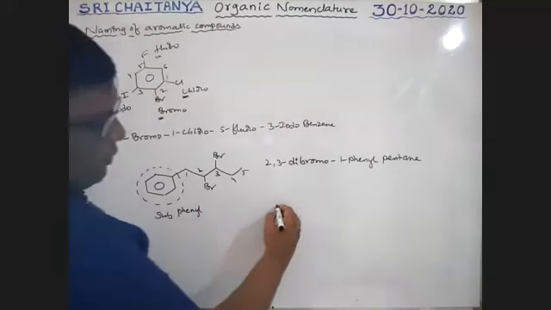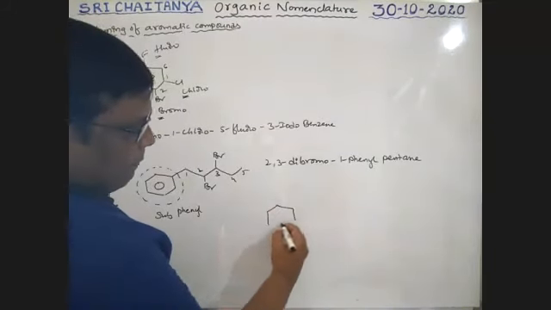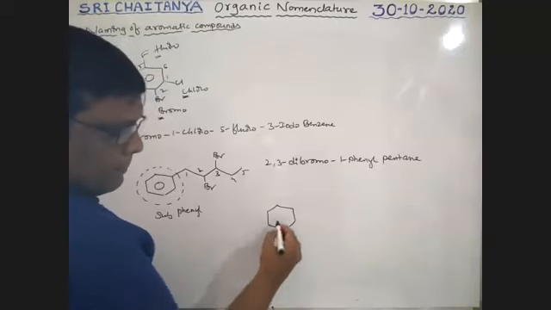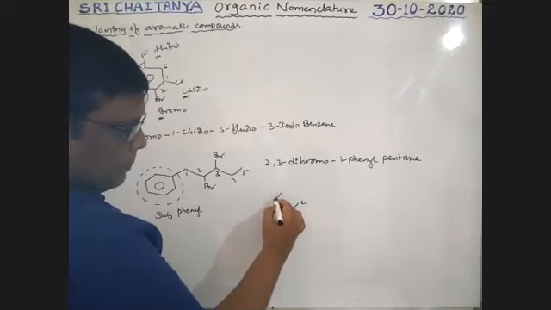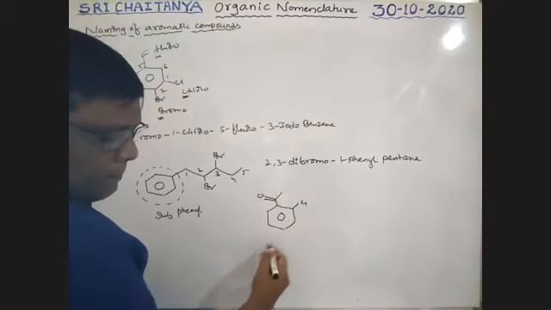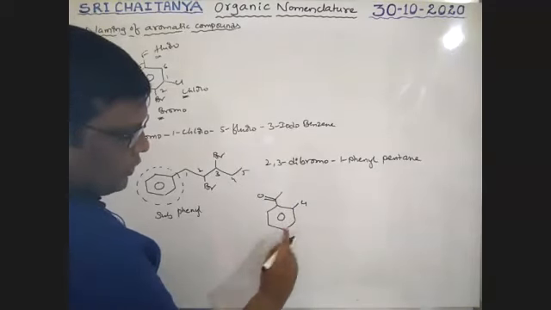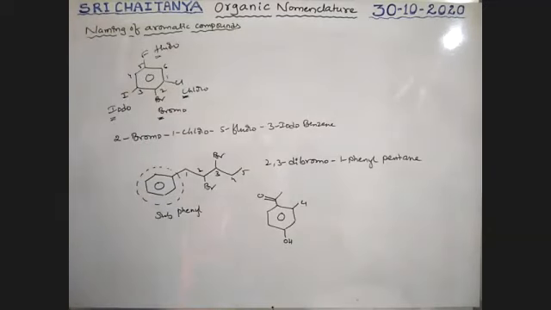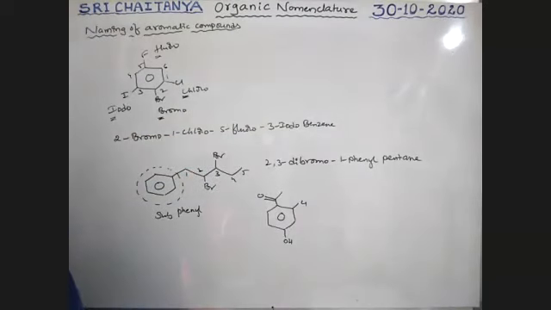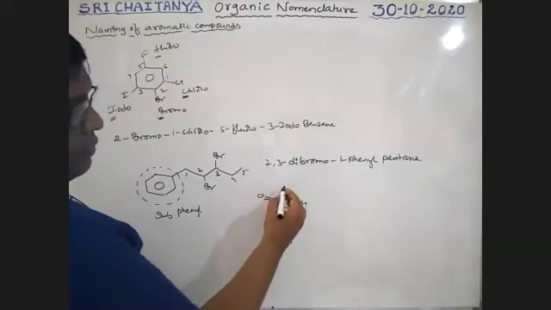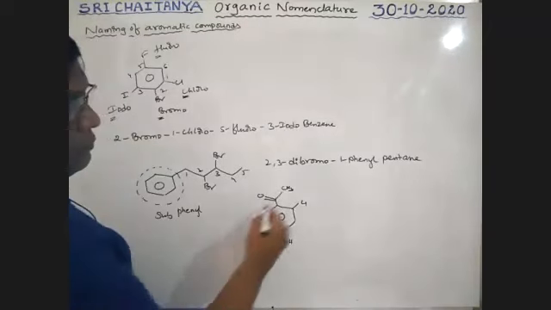Next, what is the name of this compound? OH. Okay. Boys, it is aldehyde. Sorry, it is ketone ending. It is ketone. So CH3 ending.